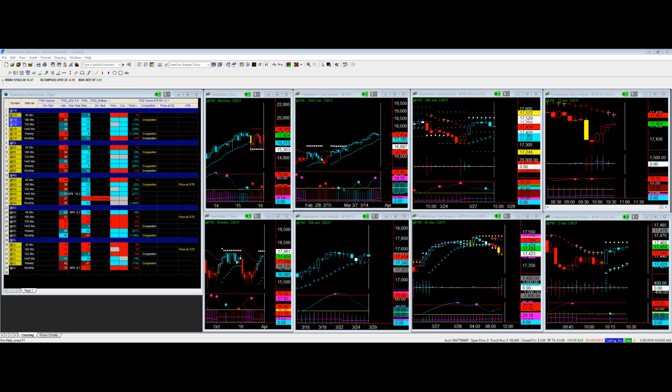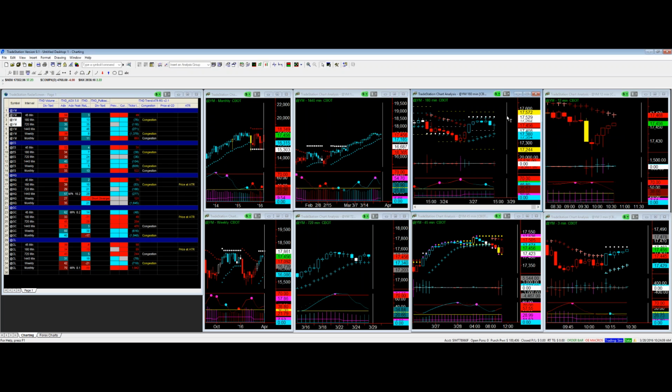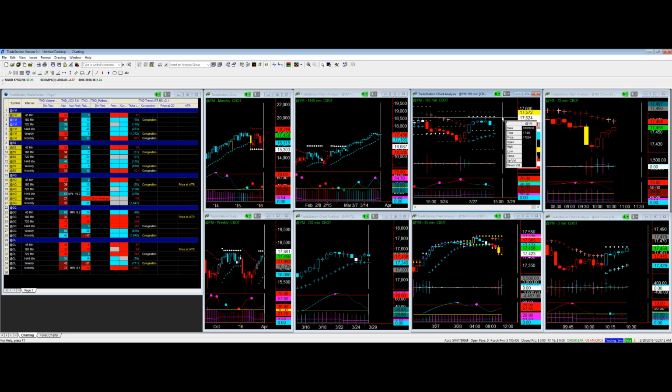Yeah, the ATR also overlaps with floor trader pivots. Do you see how the congestion dot is right up above a floor trader pivot? You get that a lot.